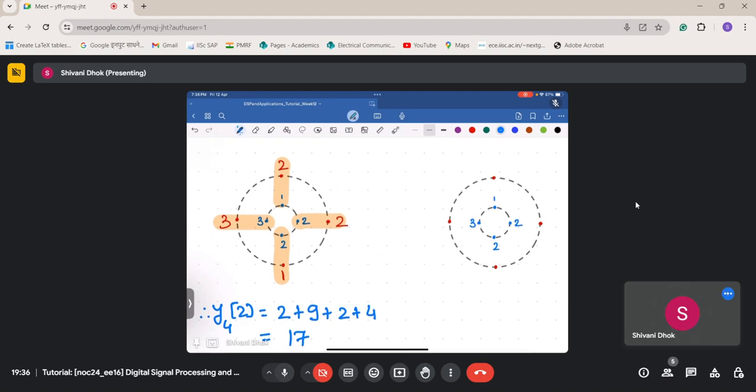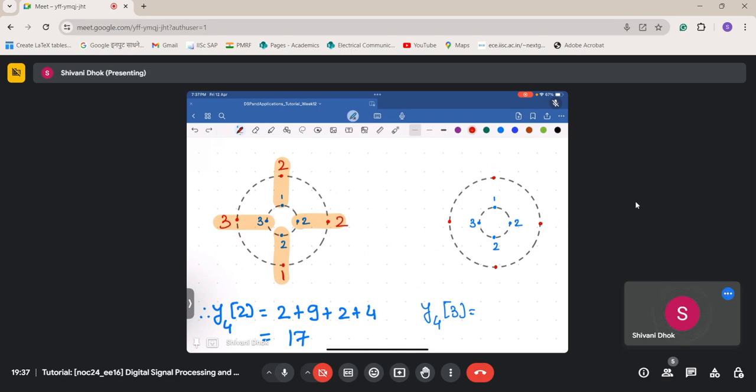Now for y4 of 3, I'll have to again shift it by 1 unit. So now I am here, this is my reference point. I'll again shift it by 1 unit like this. So now my 1 will start here, then 2, 2 and 3.